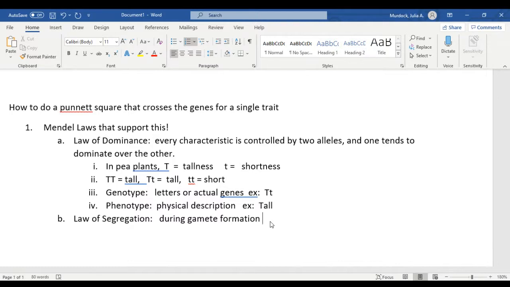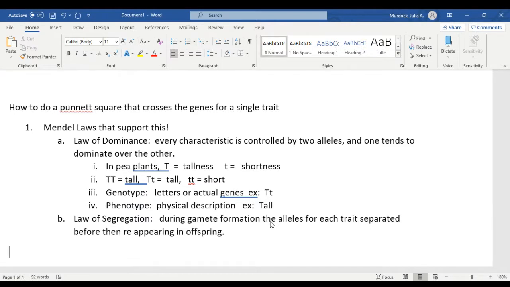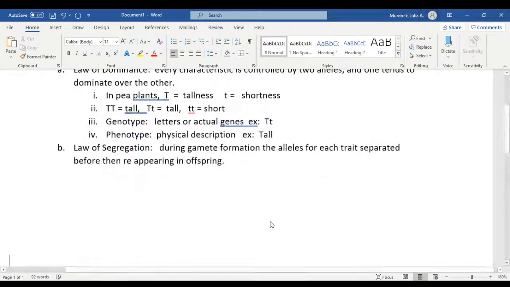But during the formation of sperm and egg cells, the alleles for each trait separate before then reappearing in offspring. Okay. Here, I want to actually draw a picture of what that means, which is why I was doing this. Okay.